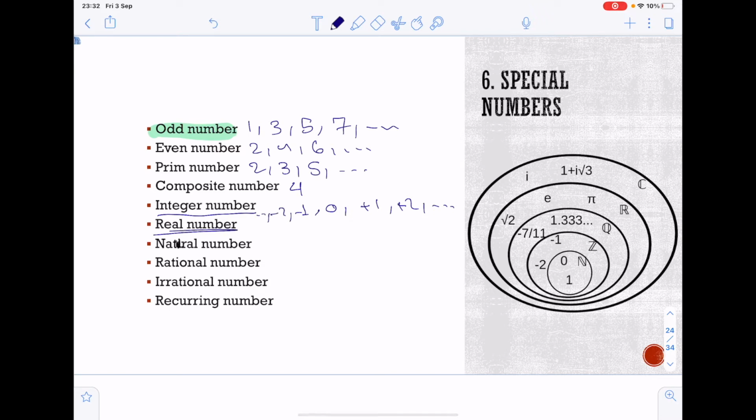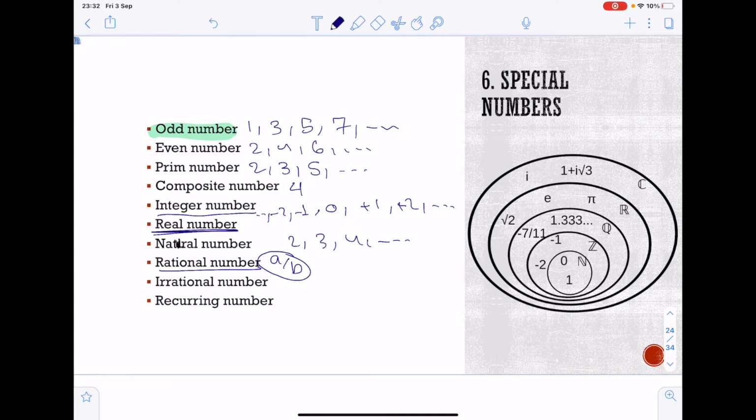Okay, we have the real numbers, which is the largest group that we are dealing with, and we have the natural numbers. The natural numbers are numbers like 1, 2, 3, the first group that humans deal with. So 1, 2, 3, 4, and so on. Then we have the rational numbers: any number that can be written as a fraction, a over b, would be a rational number. We also have the irrational numbers.